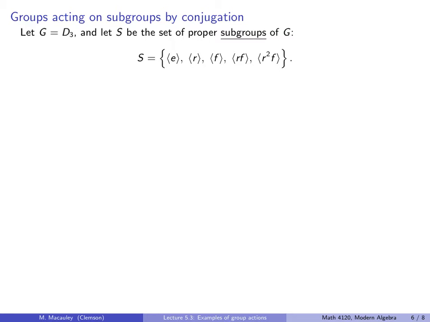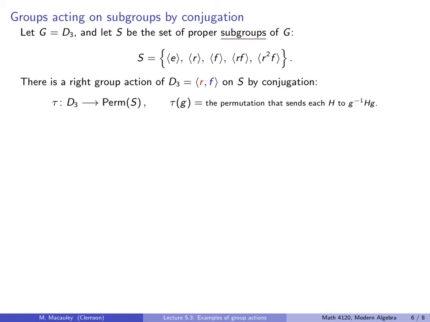So this is more motivation. So let's let G be equal to the group D3, and I'm going to let S be the set of proper subgroups of G. When I say proper, I don't want to include D3. I can, but I think it's just easier and less confusing if the size of the group and the size of the set are different. So I'm going to have a set of size 5 and I'm going to have a group of size 6.